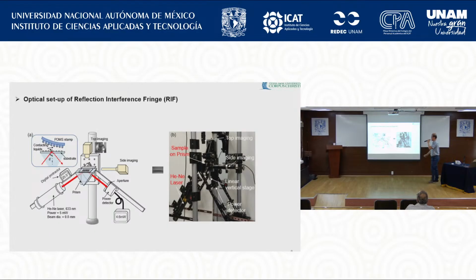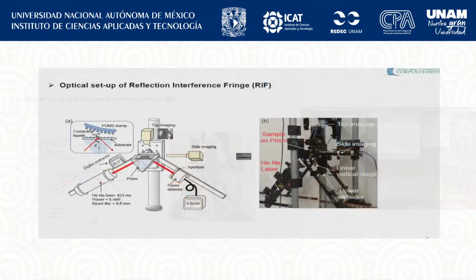Our configuration is based on total internal reflection, and it looks like a very bulky structure. We use lasers shining on an equilateral prism, and the sample is on the top. This is the same setup which is now installed in Dr. Augusto's lab.